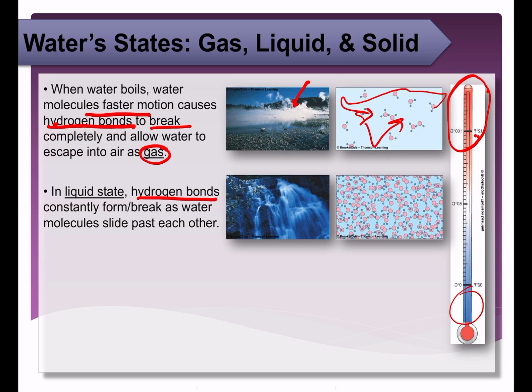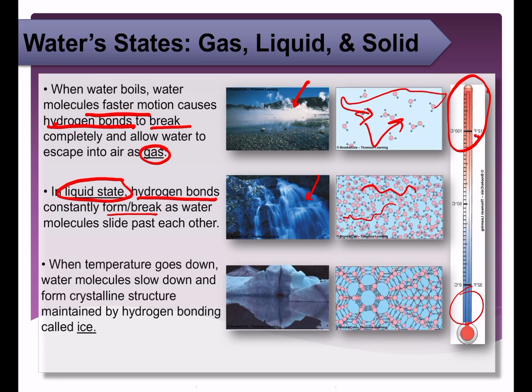This is called the liquid state of water, where water molecules are still moving around everywhere, but at a much slower rate, just sliding past each other, constantly forming and breaking hydrogen bonds with each other. Hence, for example, the flowy stream of waterfalls. Those are formed by the liquid state of water.